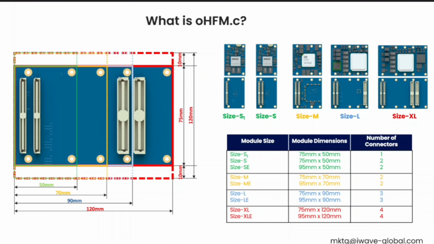At that time one connector is sufficient, but we may need extra space to accommodate more RAM memories or extra circuitry. So considering that unique requirement, we also introduced a separate S with one connector and one with two connectors, with a little extra width and length.